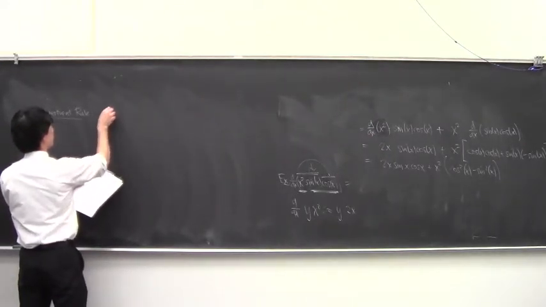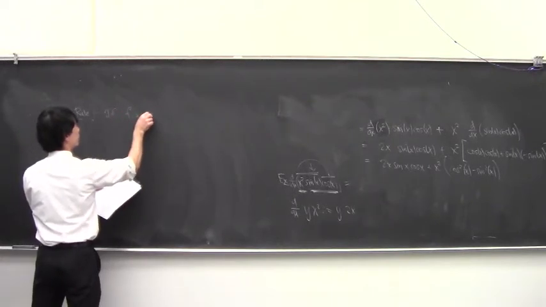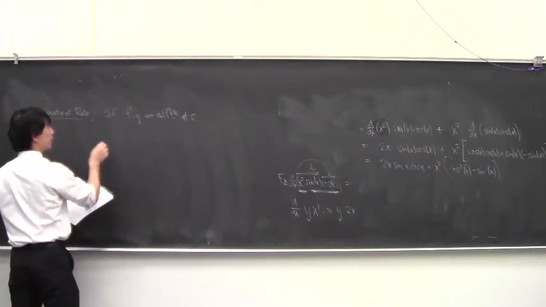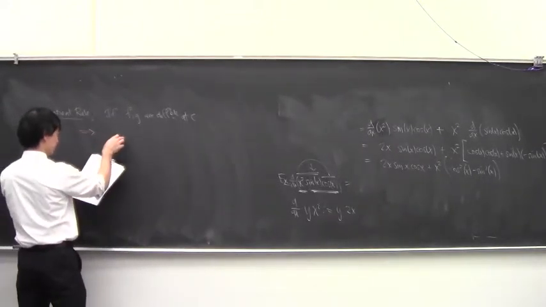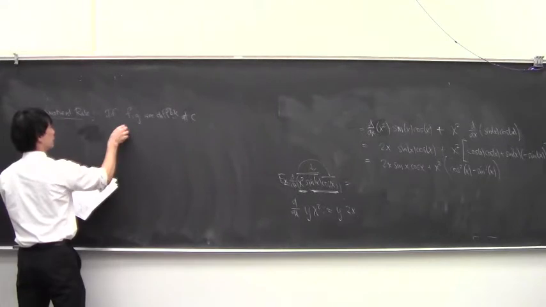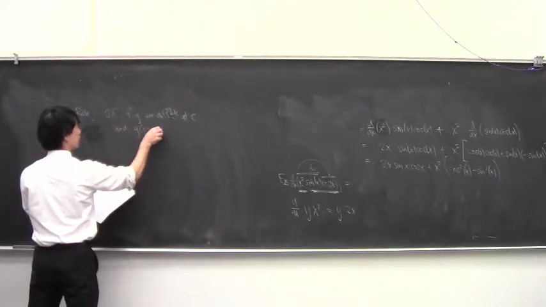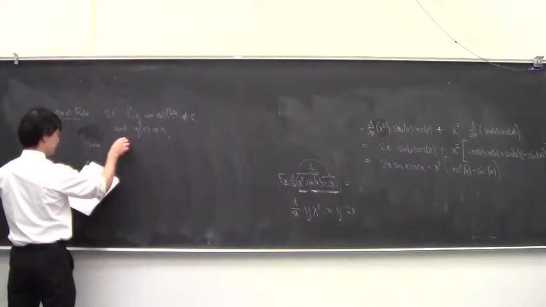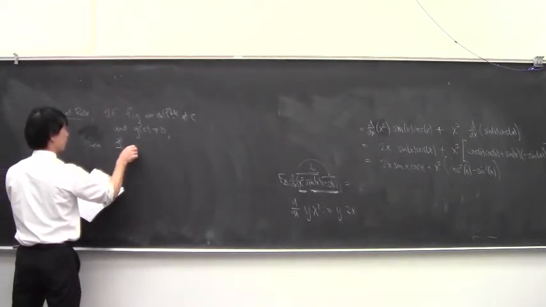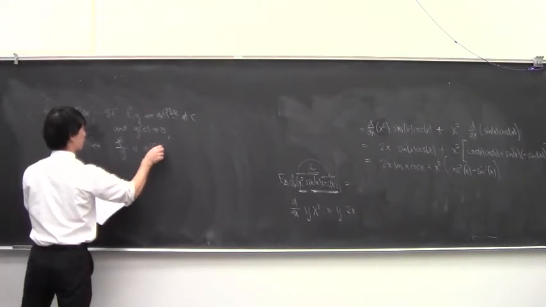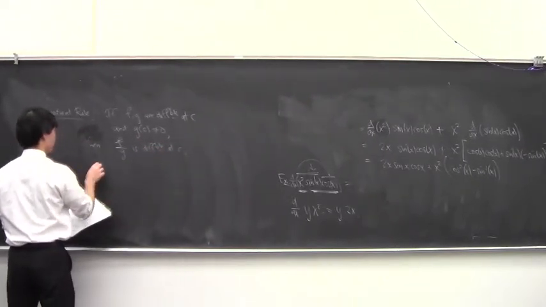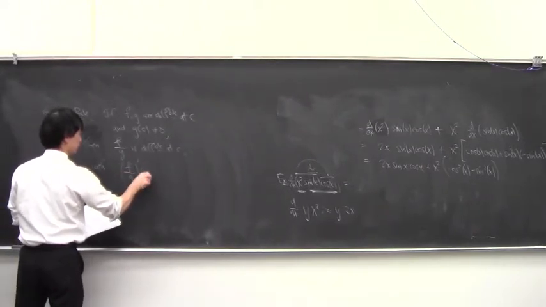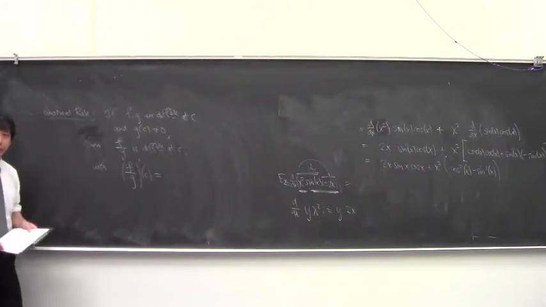Rather, if f and g are differentiable, and g of c is non-zero, then the quotient is differentiable at c, with the derivative of the quotient being, does anyone know this?